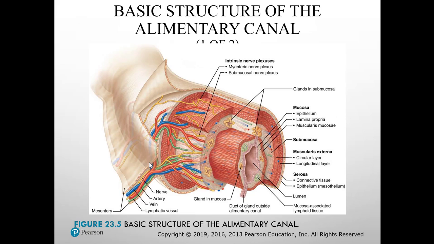That's why some areas of the mucosa will have folds or villi. And here you can see a picture of the mucosa. This is the epithelium of the mucosa, then it's followed by the lamina propria, then you have a thin layer of muscularis mucosa.